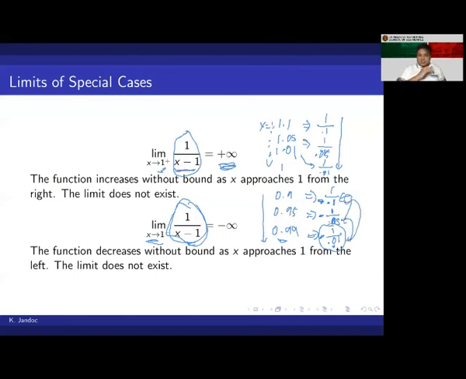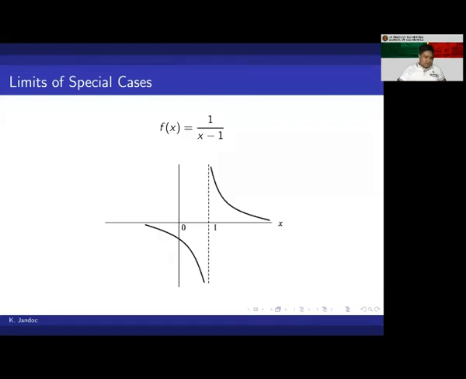So you notice as you get closer and closer to 1 from the left, you'll have a bigger and bigger negative number. Therefore, the limit is negative infinity. It decreases without bound as x approaches 1 from the left, so this limit does not exist. If you graph that function, this is what happens.